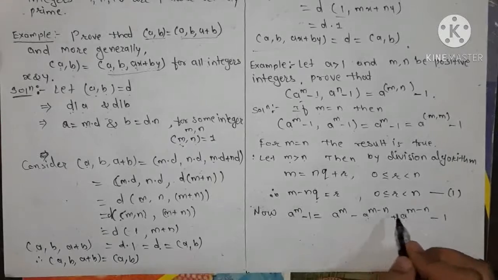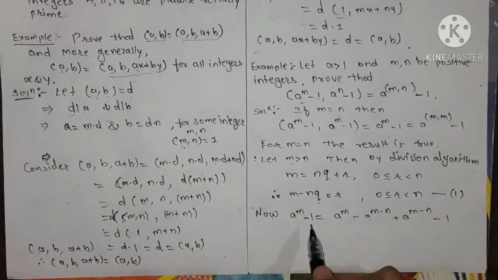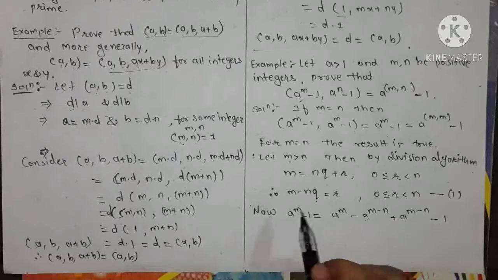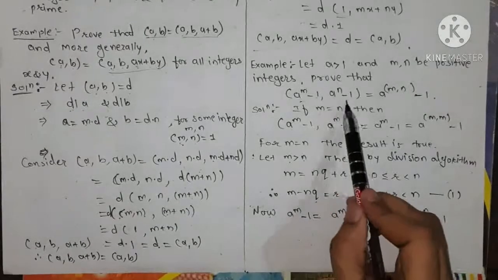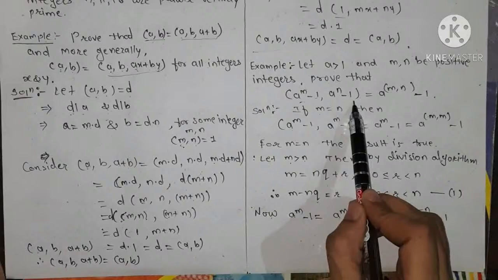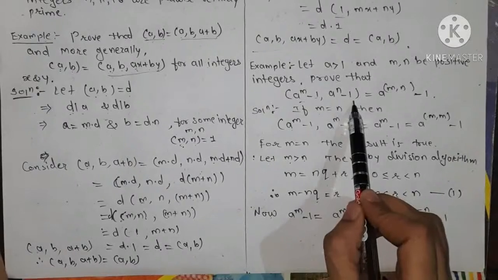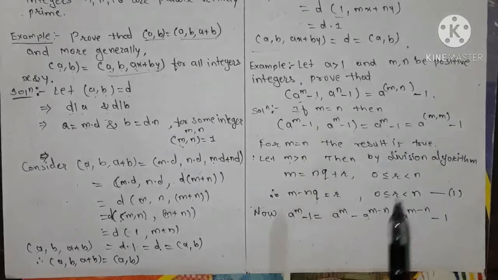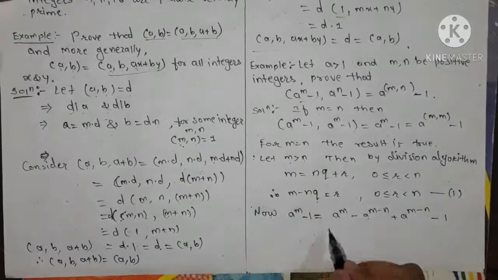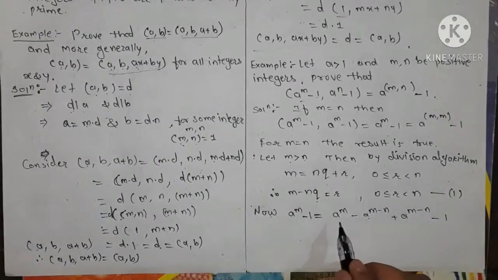We consider this to express a to the power m minus 1 as a multiple of a to the power n minus 1, and then we use the theorem that the GCD of a, b is the same as the GCD of b, r.